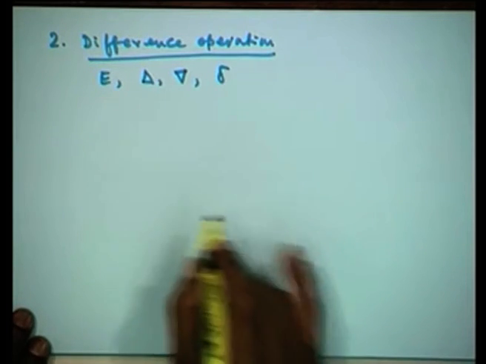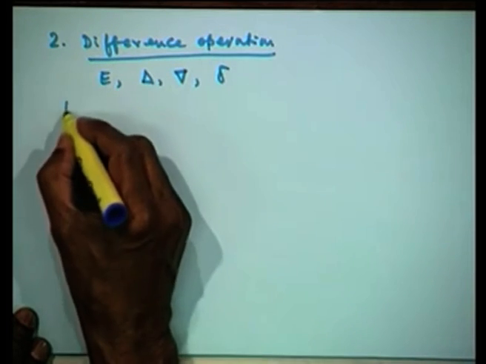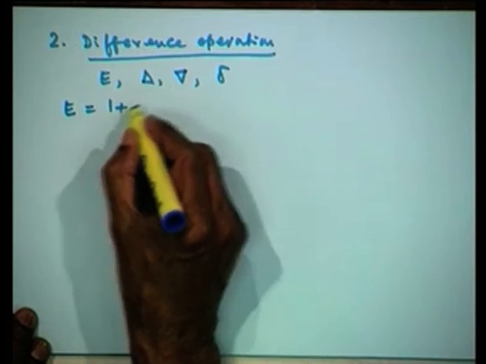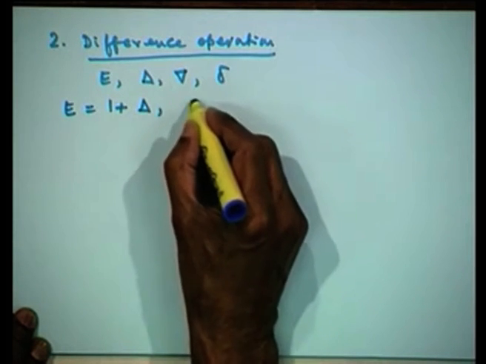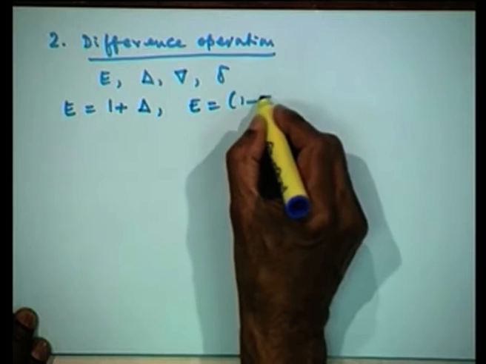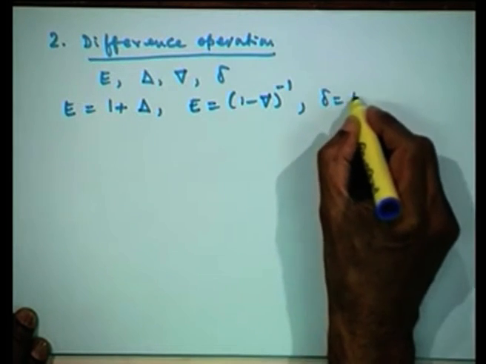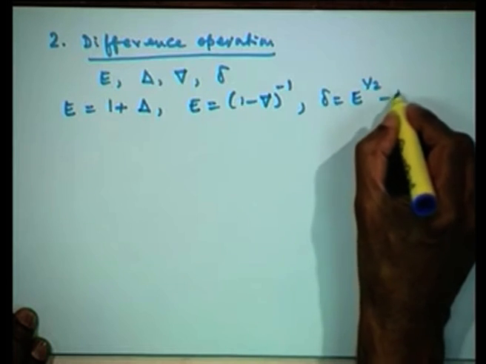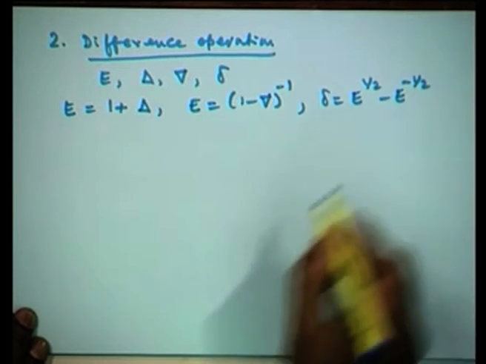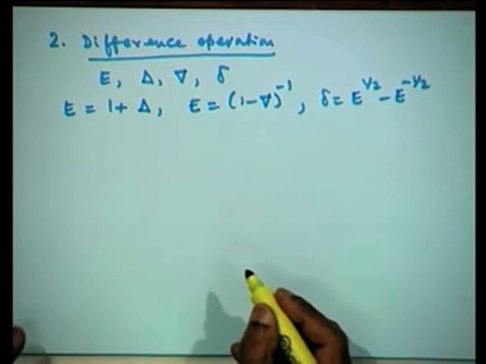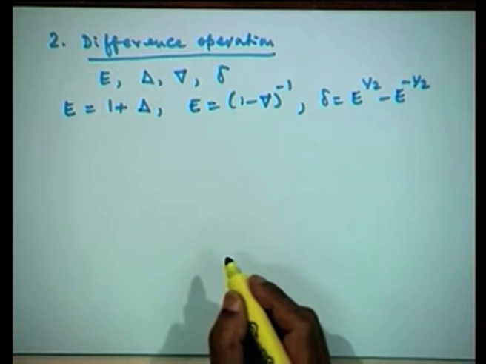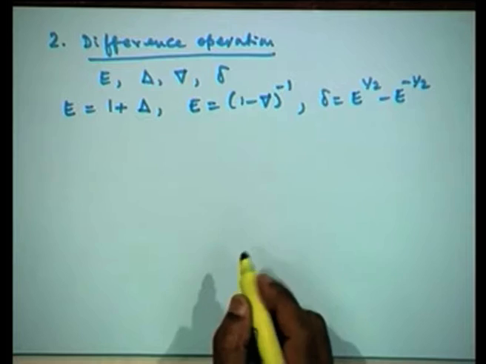We just need the definitions to derive these formulas. E is equal to 1 plus delta, E is also equal to 1 minus backward delta, to the power of minus 1, and central delta is e to the power of half minus e to the power of minus half. These are the relations that we have derived between these operators.